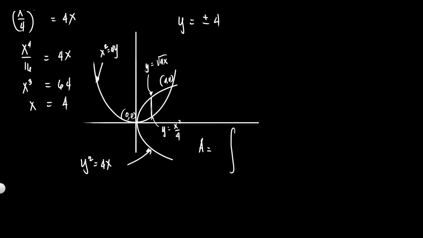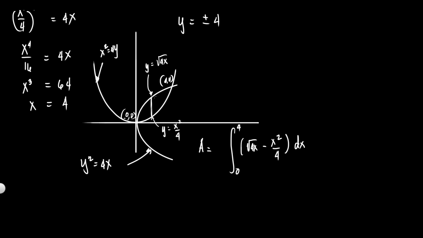So, we have y upper, we have y lower, so we now have the length of our strip. Okay? So, we have the square root of 4x minus x squared over 4. Okay? So, we just multiply this by the thickness dx. We now have the area, and our limits are from 0 to 4.